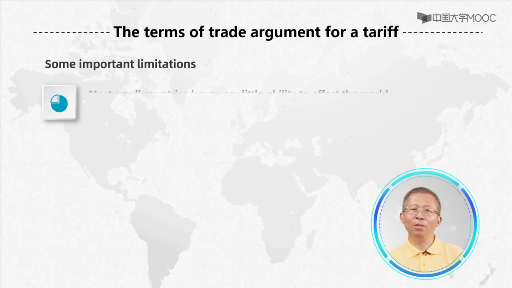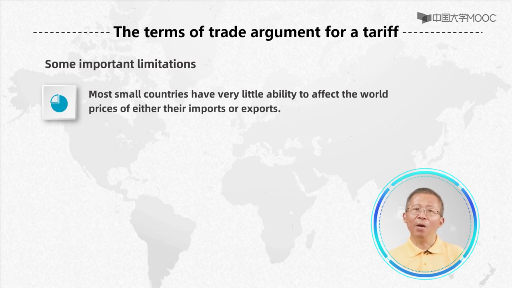But the terms of trade argument against free trade has some important limitations. Most small countries have very little ability to affect the world prices of either their imports or exports, and thus the terms of trade argument is of little importance to them.